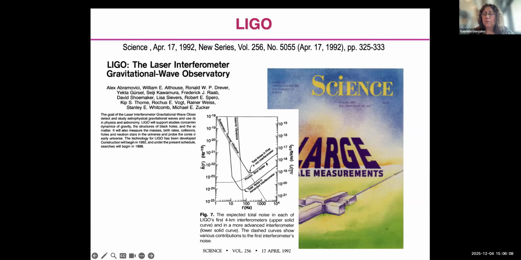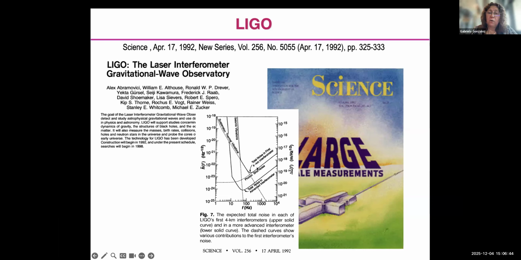Even from the beginning, there was the idea of first generation, now called initial LIGO, and its second generation, now called advanced LIGO. Sometimes it was called LIGO 2. And that was a sensitivity that was expected to be limited by very fundamental sources: seismic isolation, pendulums, the Brownian motion, and the quantum noise.